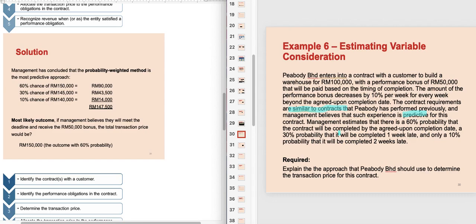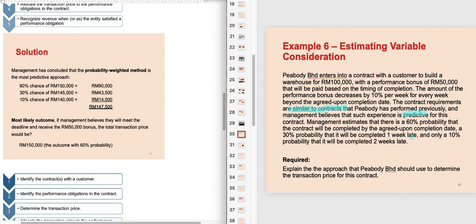So management estimates that there is a 60% probability that the contract will be completed by the agreed upon completion date. So here you will see a 60% chance of 150,000, so you will get 90,000 here. Alright, and then management estimates a 30% probability that it will be completed 1 week late.